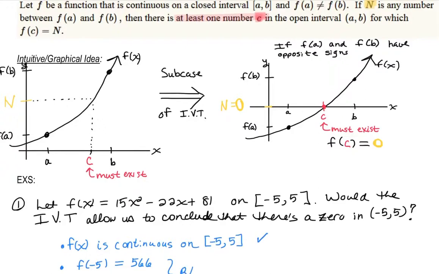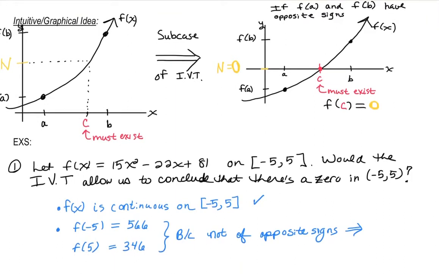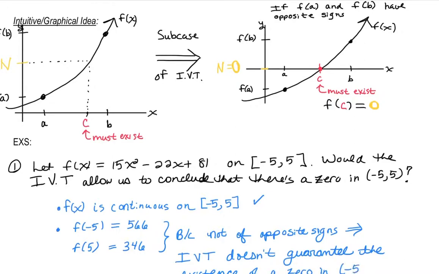Because these are not of opposite signs, meaning you don't have one that's positive and one that's negative, this means that the intermediate value theorem doesn't guarantee the existence of a 0 in this interval.